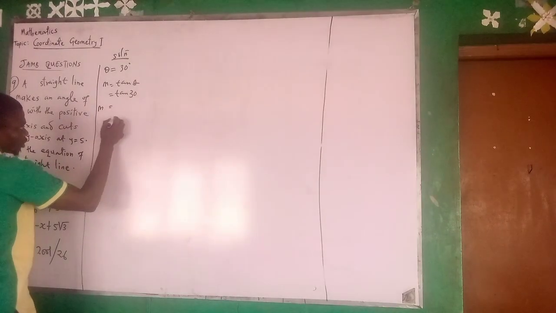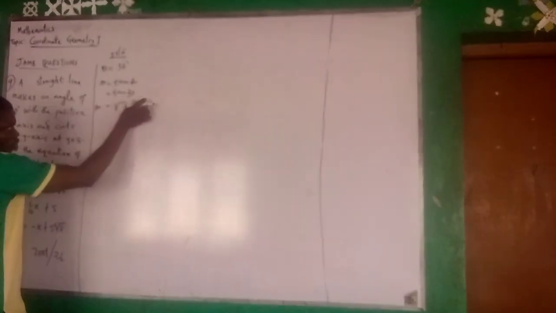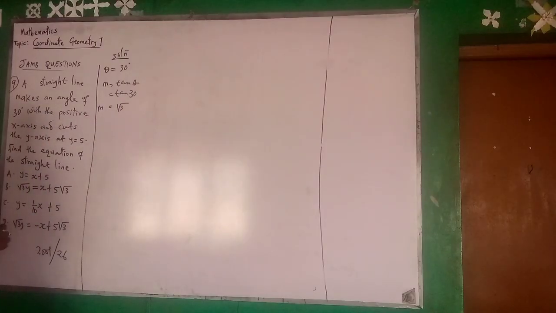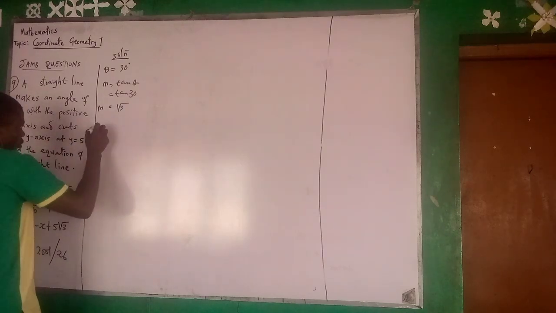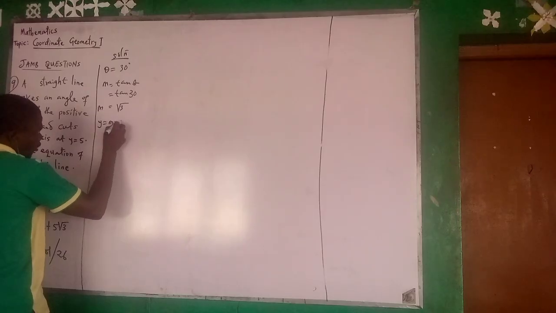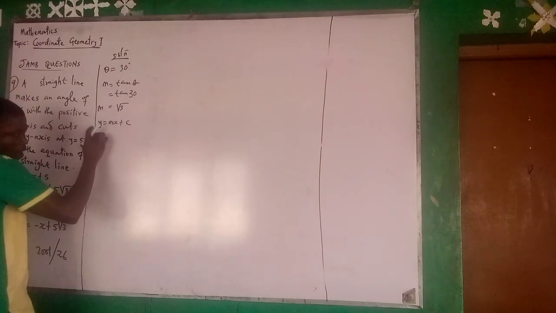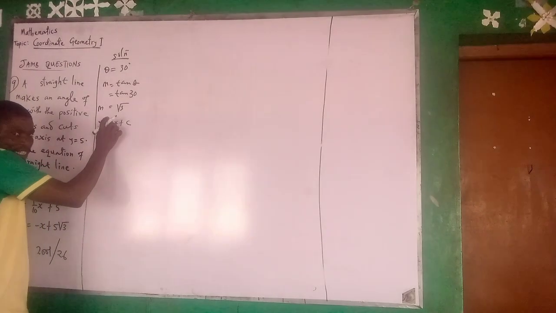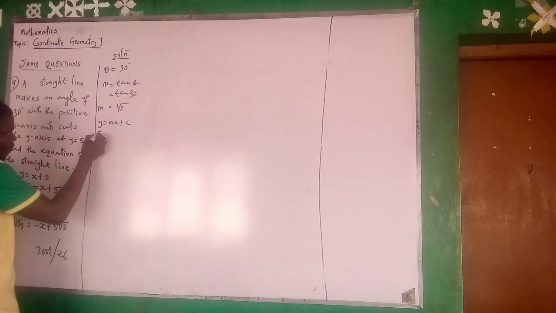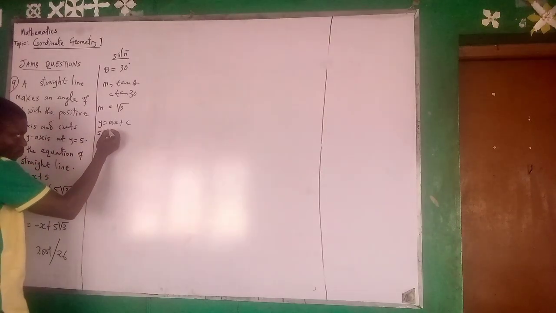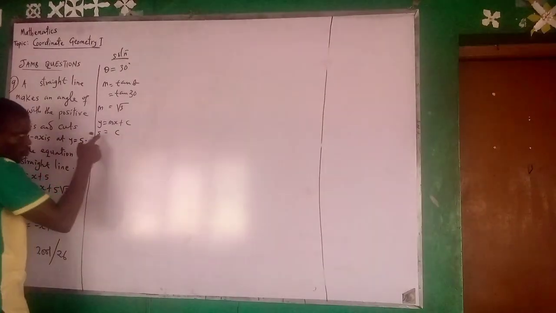Tan 30 degrees from the calculator will give you root 3 over 3. Now, the line cuts y at 5, and at the y-intercept x is 0. From the equation y equals mx plus c, at the y-intercept x is 0 and y is 5, so everything is 0 plus c, which means c equals 5.